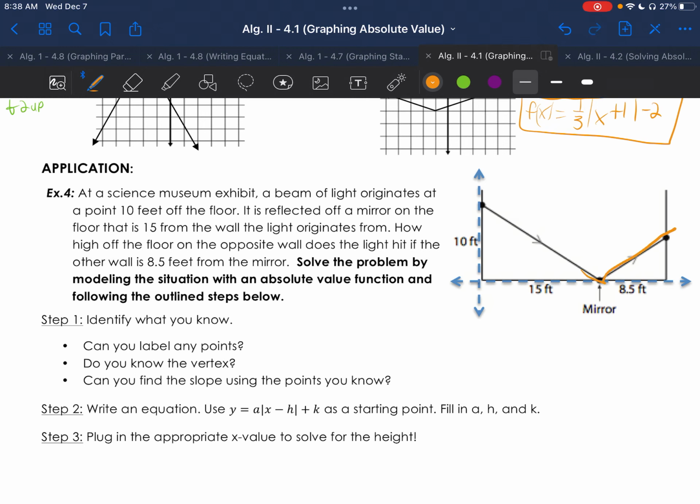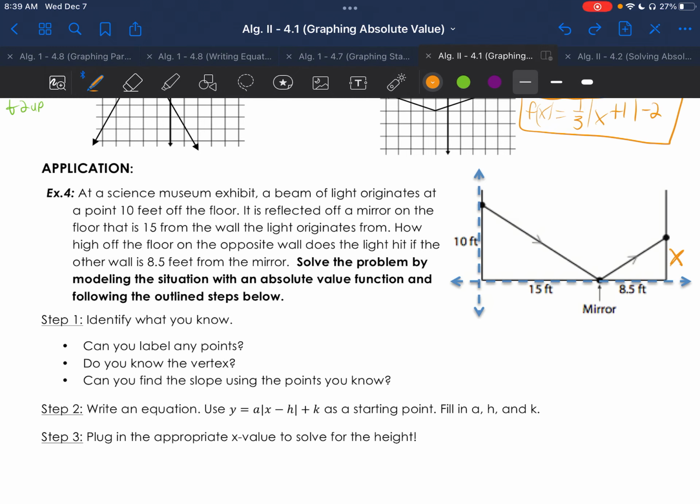Then it reflects off the floor and goes up to the opposite wall, and we're wanting to know how high. So we're wanting to know right here, what's that height is what we're trying to find. And that's 8.5 feet away from where it hits this wall from the mirror. So we're supposed to model it with an absolute value function and using the outline steps.